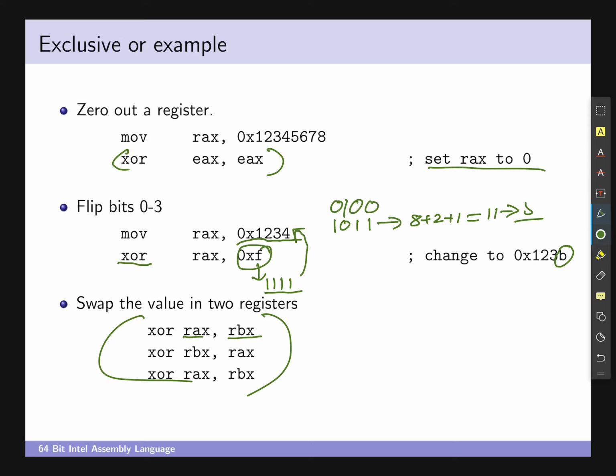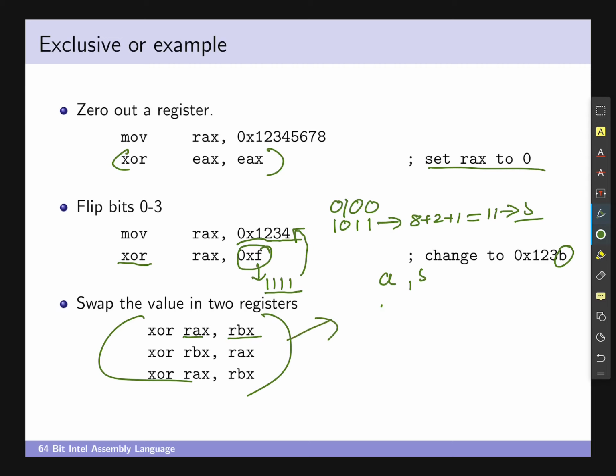Now you might wonder, how on earth does applying XOR 3 times swap the two values? Now, you can play with some examples to get an intuition of why it works, but we can actually quite easily prove it to work. So instead of writing RAX and RBX the whole time, let me simply use A for RAX and B for RBX. So I start with A and B, and I want to try and swap them. So what are these instructions doing?